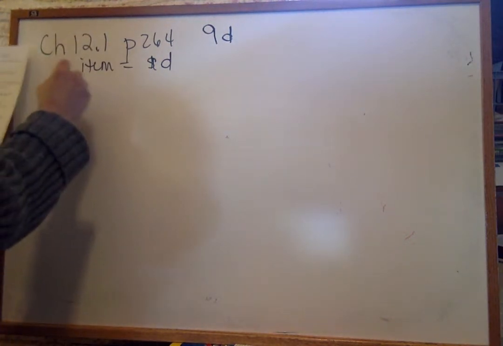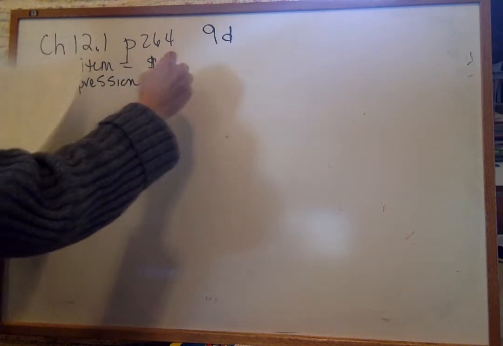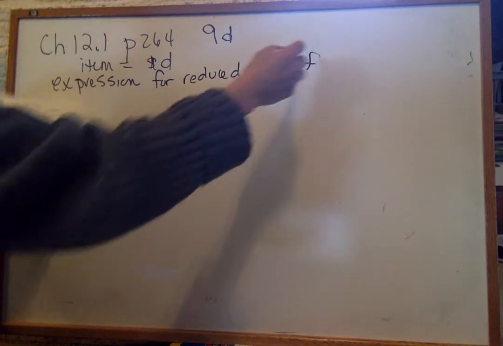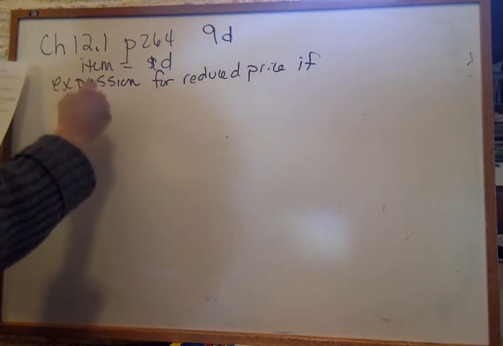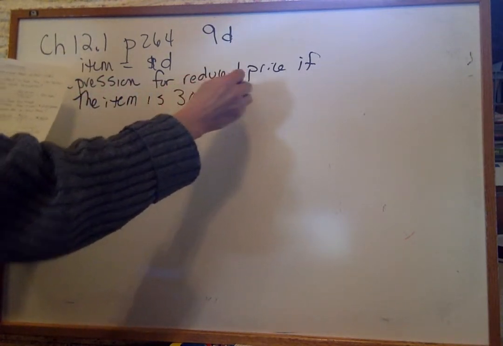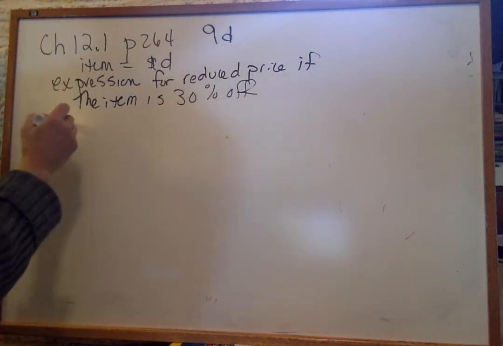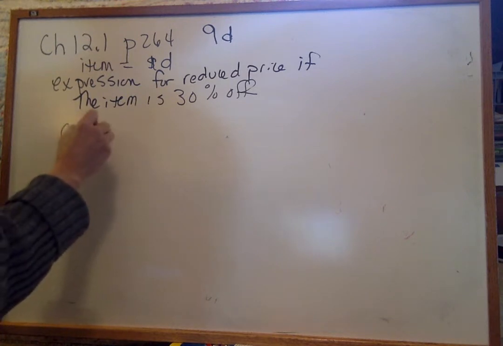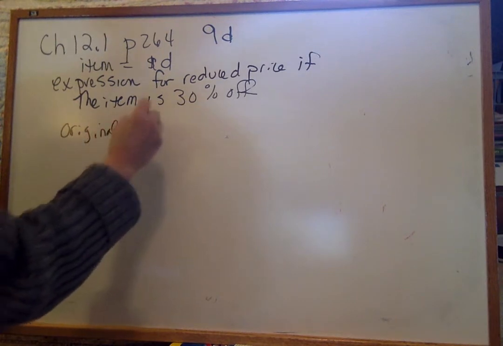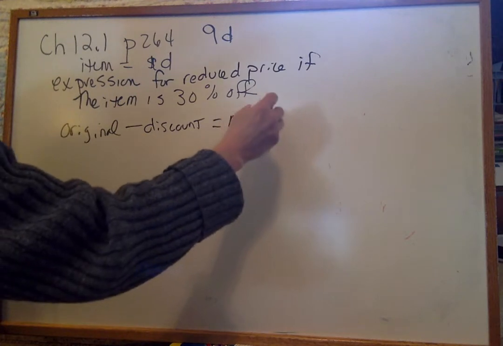They want an expression for the reduced price if the item is 30% off. Okay, so as I kind of just talked through a second ago, we know if we have the original price of the shirt, whatever it is, minus the discount, that will give us the new price, the reduced price, right?